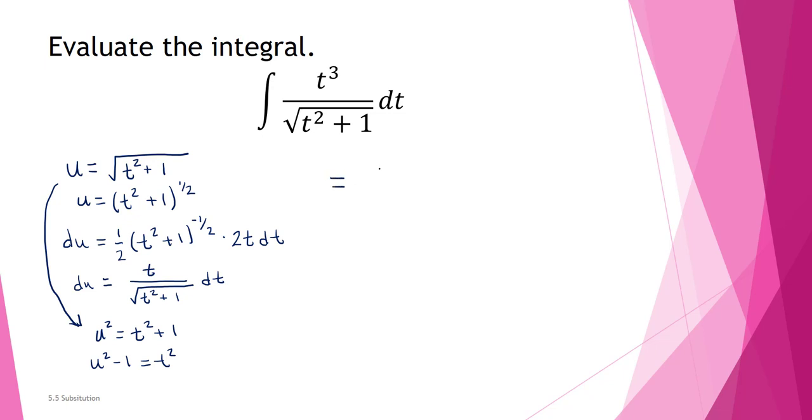So now my integral, I can write it as t squared times t over the square root of t squared plus 1 dt. I can replace t squared by u squared minus 1. And I can replace t over the square root of t squared plus 1 dt by du. Now I can find the antiderivative.